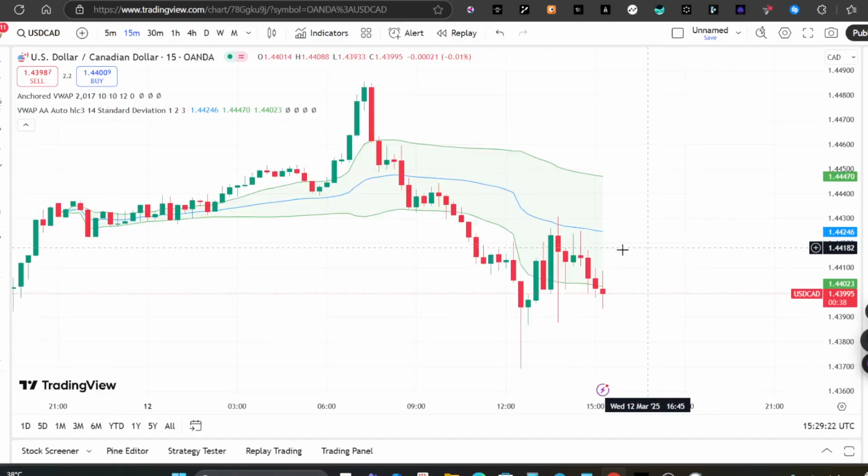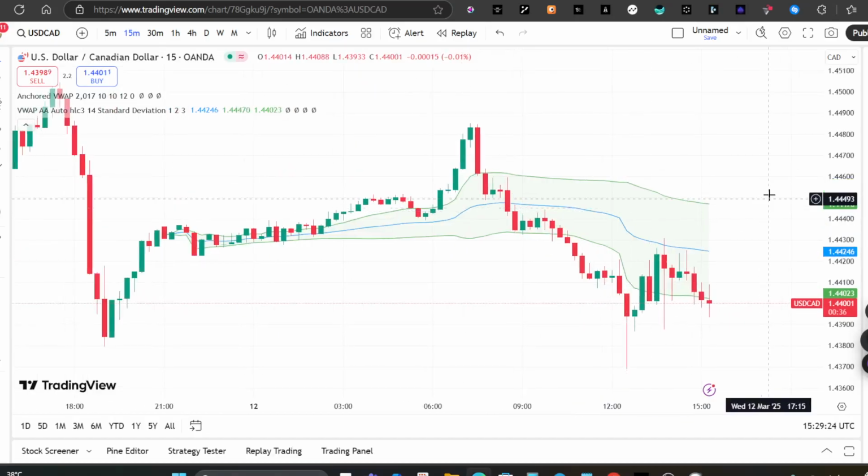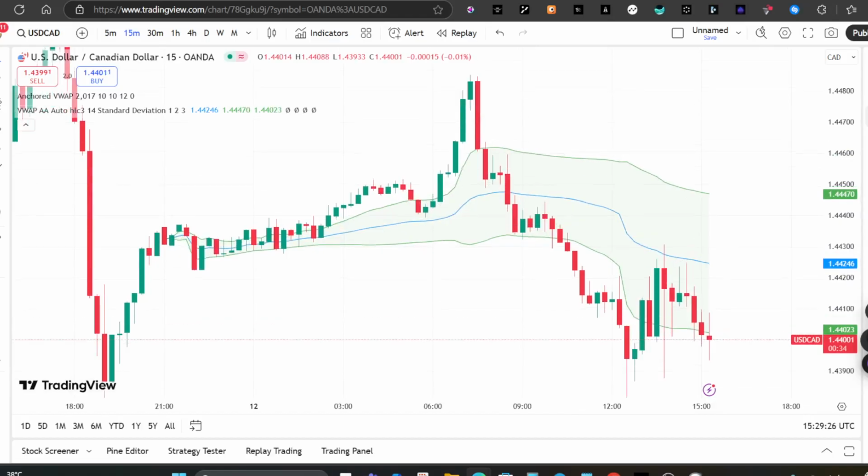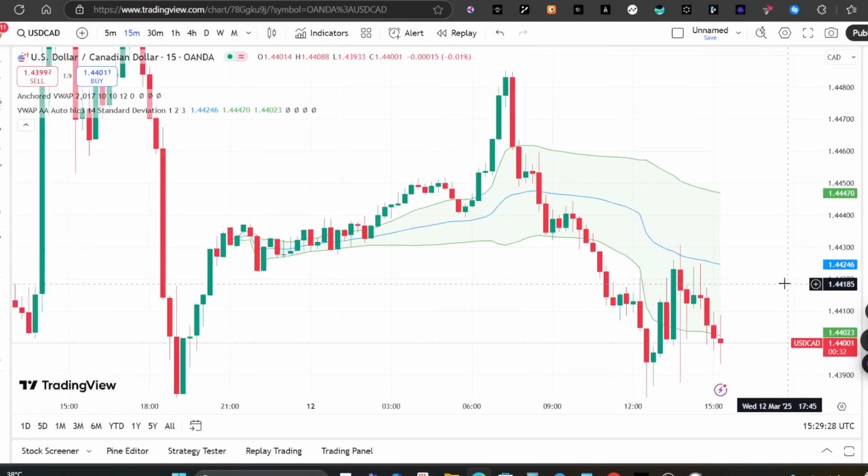So the Anchored VWAP helps you do that by showing where the real money is positioned in the market. Okay, whether you trade forex, stocks, or crypto, this strategy will give you high probability trade setups by tracking the volume weighted average price from specific points in the market.